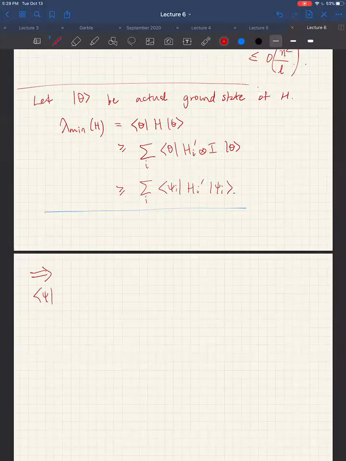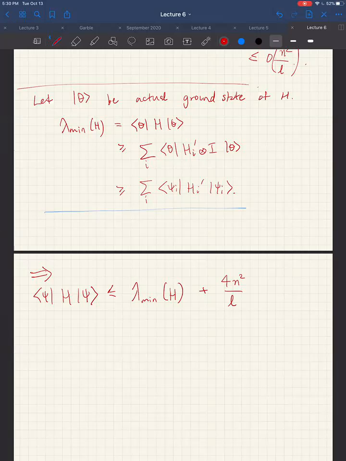We get that the energy of these block states is going to be at most the minimum eigenvalue of H plus this error term, 4n squared over L. So we're only doing worse than the minimum energy by this additive factor 4n squared over L.